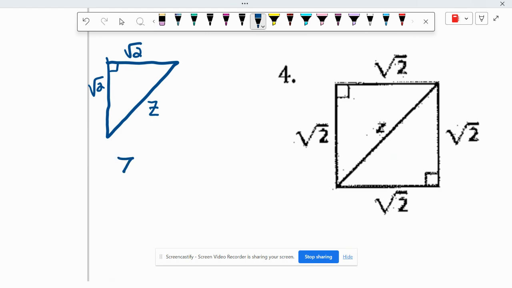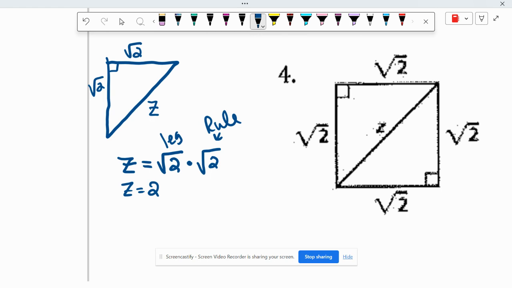So the hypotenuse equals the leg times the square root of 2. This is my leg, and this is the rule. You guys see what I'm doing there? So what is the square root of 2 times the square root of 2? 2. So z equals 2.